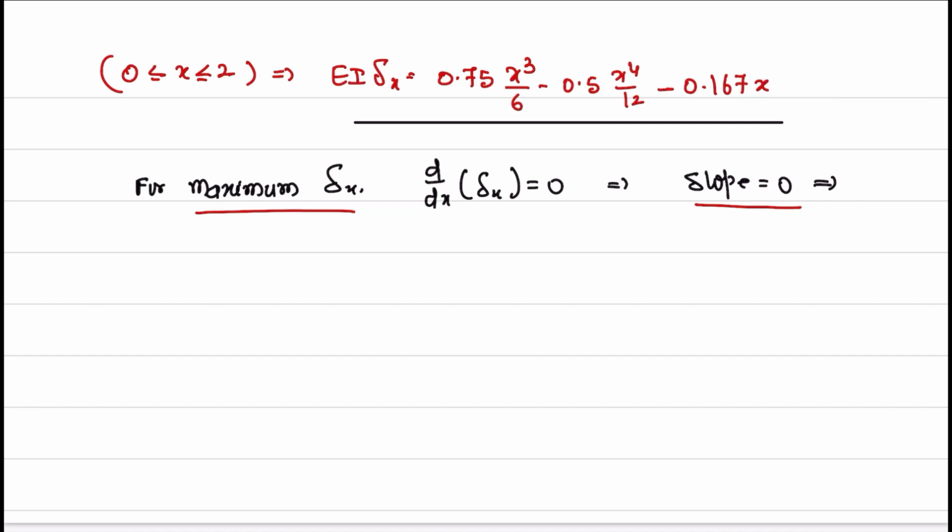What will be the slope here? d by dx of delta x, that means d by dx for slope.